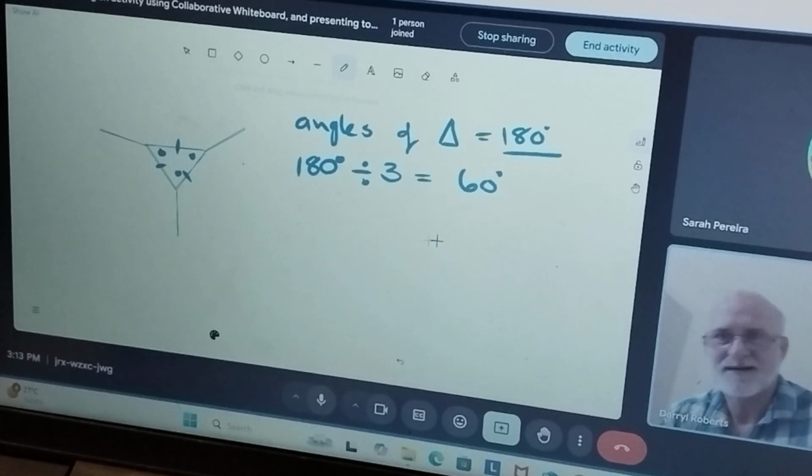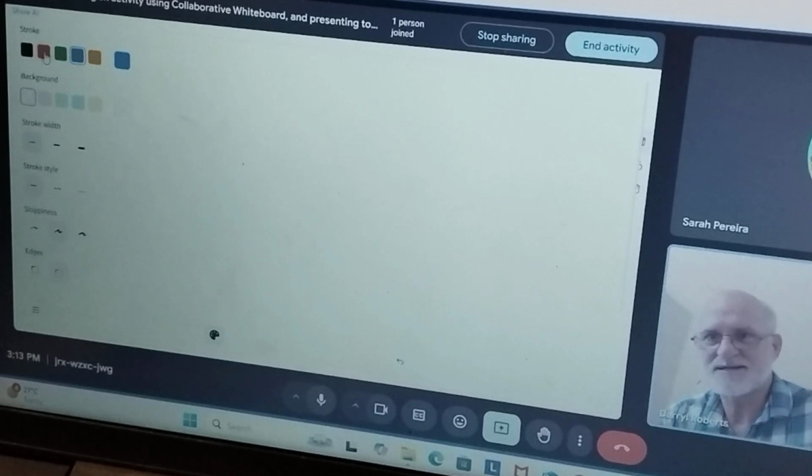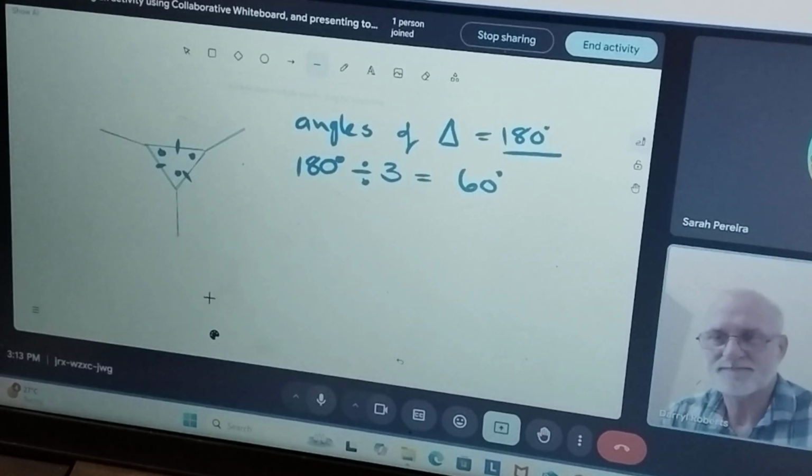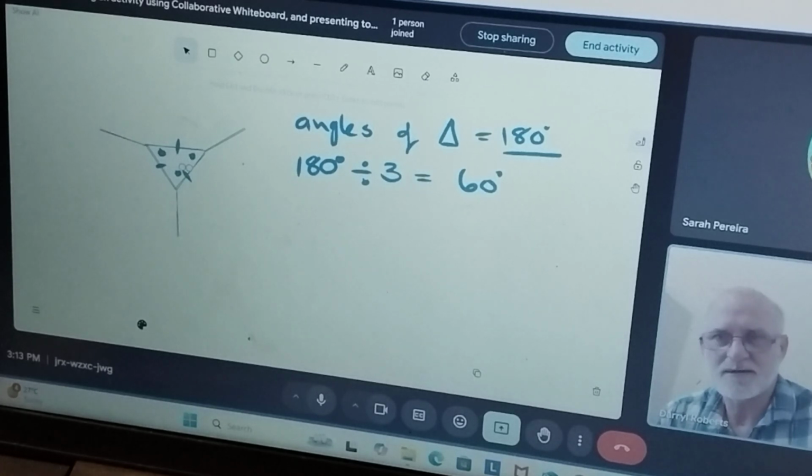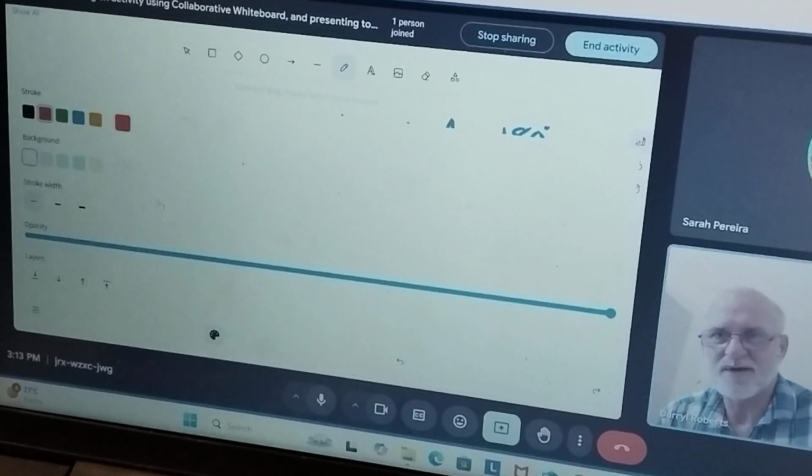Good. Now, here comes the problem. These are not nice exterior angles, right? What I do have though is angles around a point here. I don't want lines, I want pens. I have angles around a point, right?